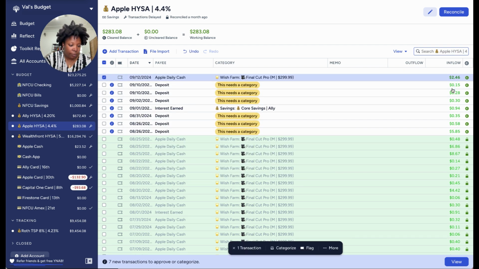Approve. Then we have 43 cents of daily cash on the 10th. That one's not showing. Maybe it added these up. So 15 plus 28. Yeah. So that's these two.